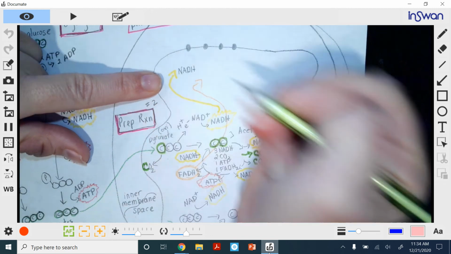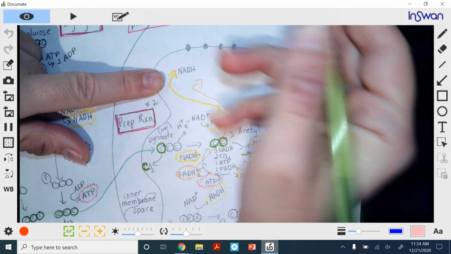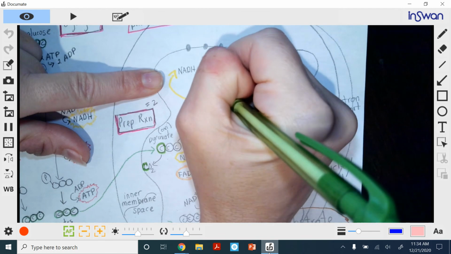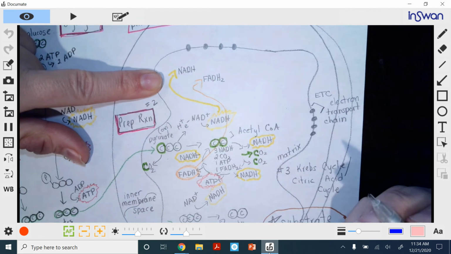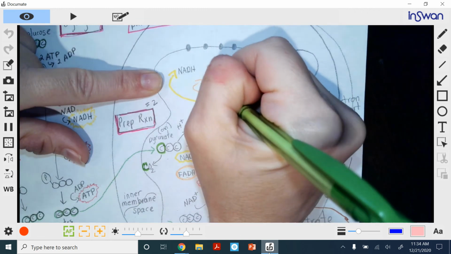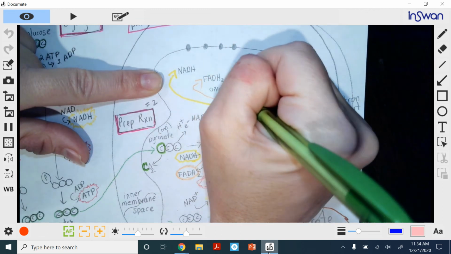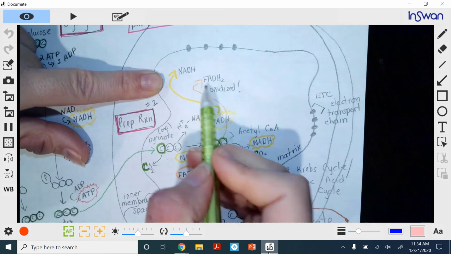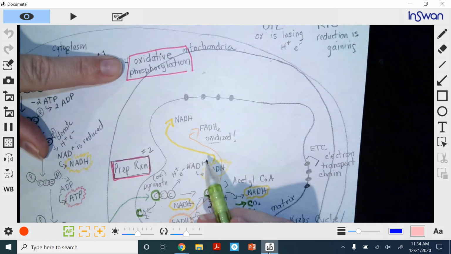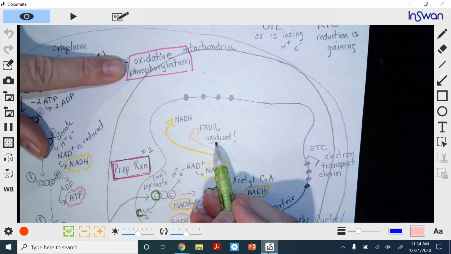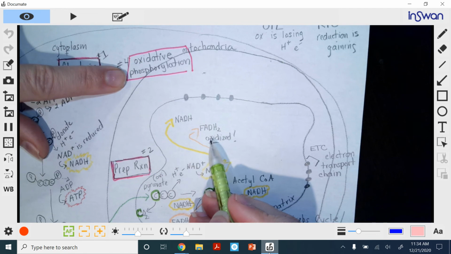My NADHs and my FADH2s are going to get oxidized. And by the way, that's why this is called oxidative phosphorylation. Because we're going to oxidize these molecules and we're going to use them to phosphorylate ADP.